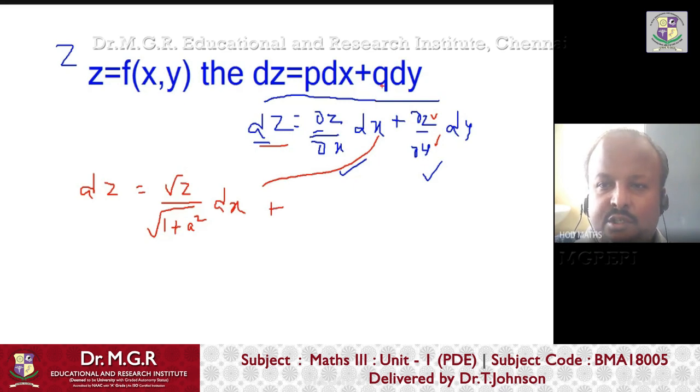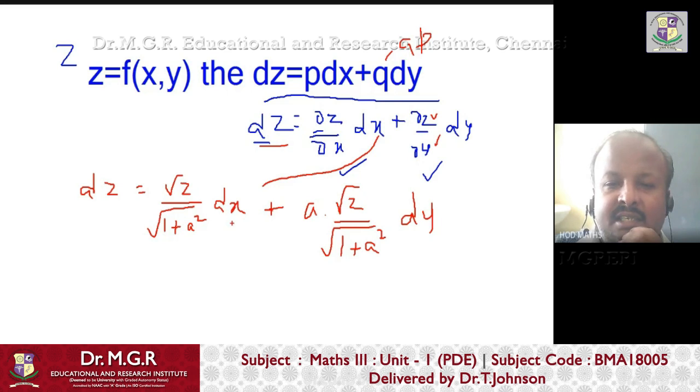What is q? q is nothing but a times p, that we already know. So we write a times p, and p is again square root of z divided by square root of 1 plus a square, into dy. So by total differential, you can write like this.